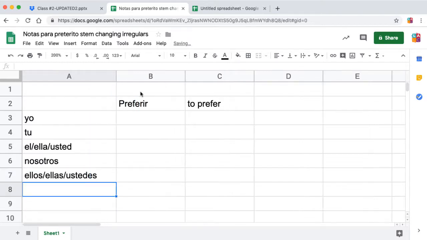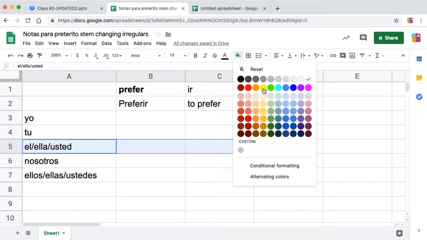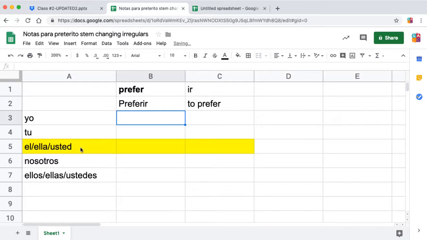So in this case, prefer, except the IR, is the stem, okay? And this E, you see, is changing to I in the third person only, right? We're focusing only on the third person. Okay, so yo, you see this doesn't change. So yo prefer. And what is the ending of IR verbs in the past?